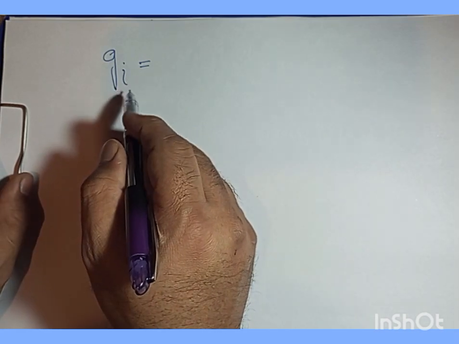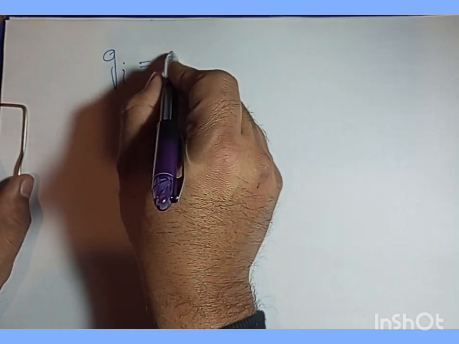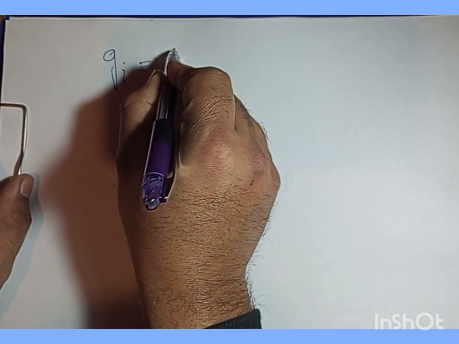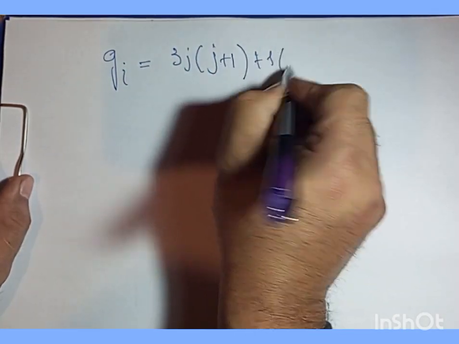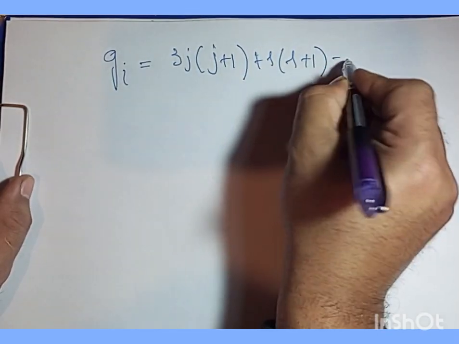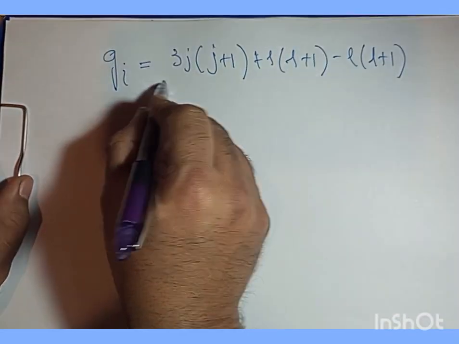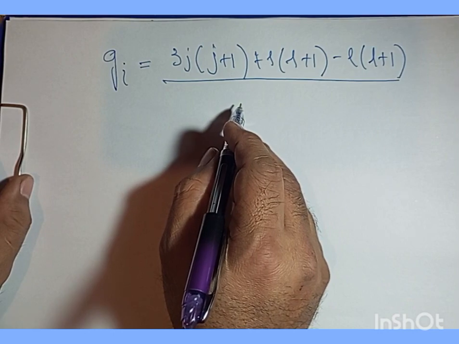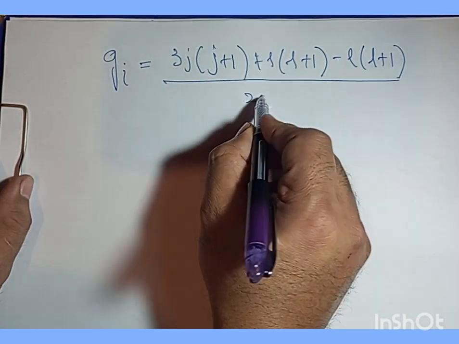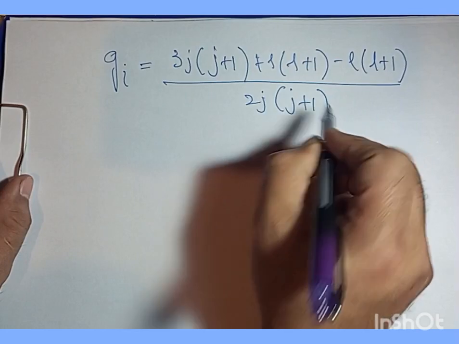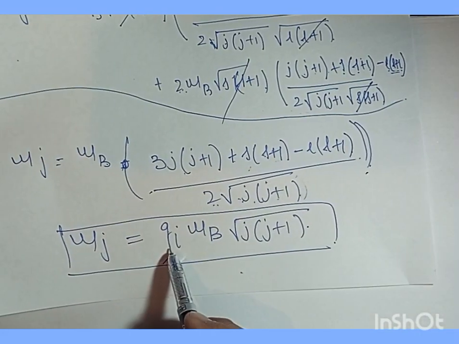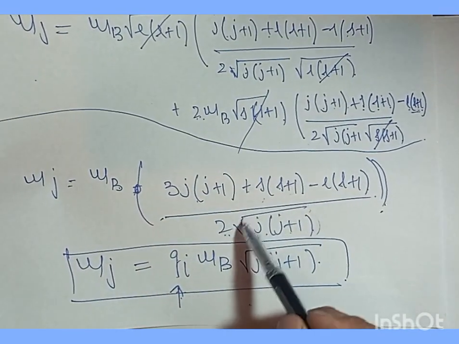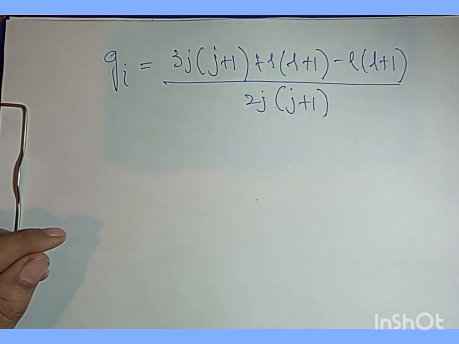So this gj, the Lande splitting factor, is going to be 3j times j plus 1, then plus s times s plus 1, then minus L times L plus 1. This is whole divided by 2j times j plus 1, because we have done rationalization, but there will be no root available here in this case.